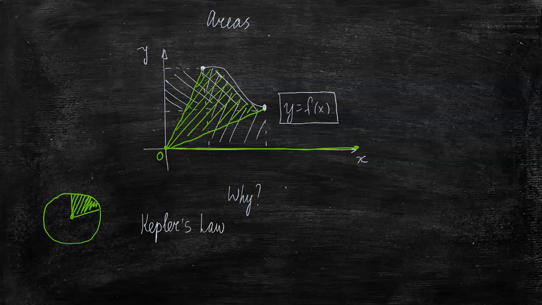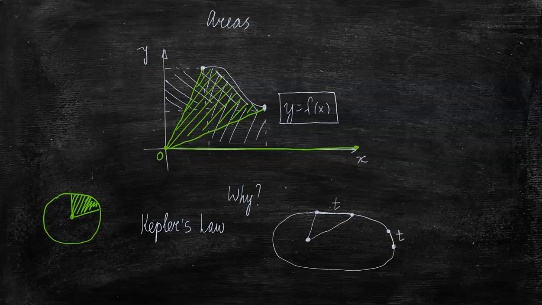if you recall, one of Kepler's laws says the following: if you have a trajectory of a planet that rotates around, let's say, the sun in the solar system, then the area spanned is the area of this sector, and let's say t is the time that it takes the object to travel this much, and then in the same amount of time t the object will travel this much.